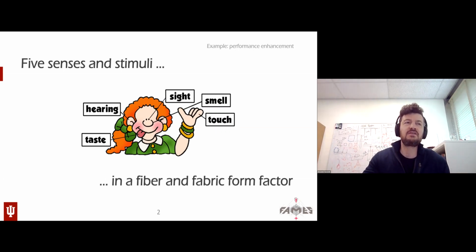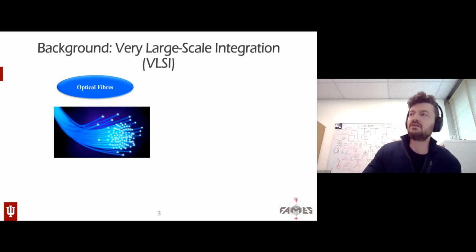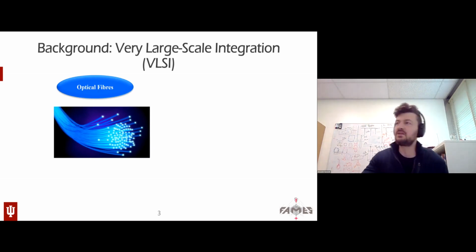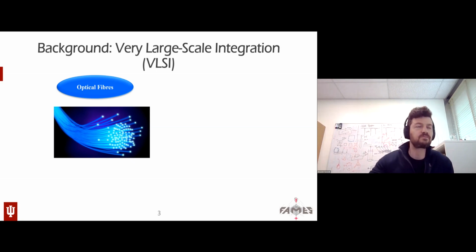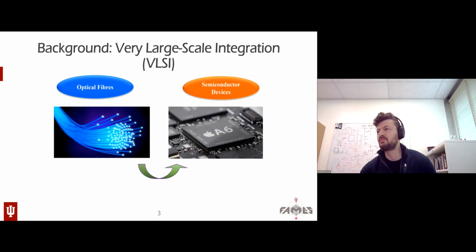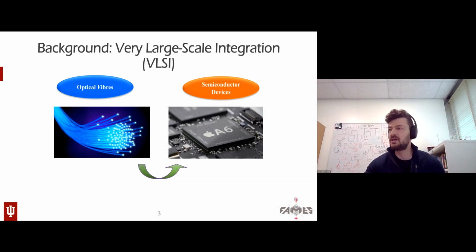In order to achieve that, we need to develop a device integration approach that would take something like an optical fiber, which is an entity made of one single material, glass, and transform it into a system with active data processing capabilities, such as sensing and transduction and maybe some data manipulation.